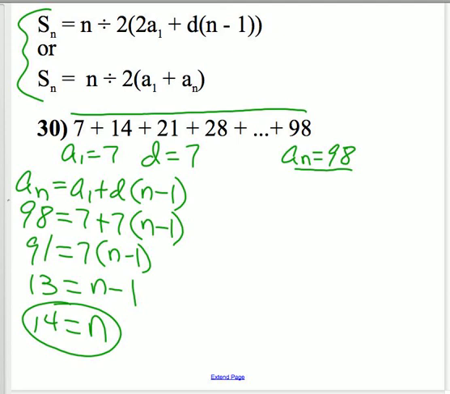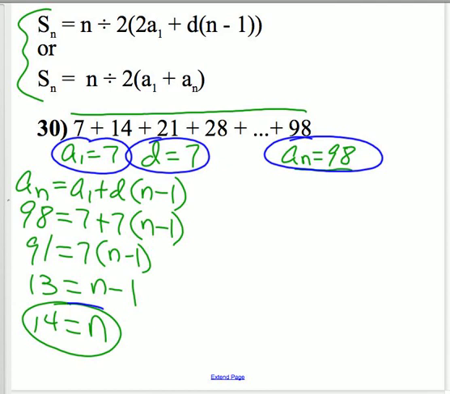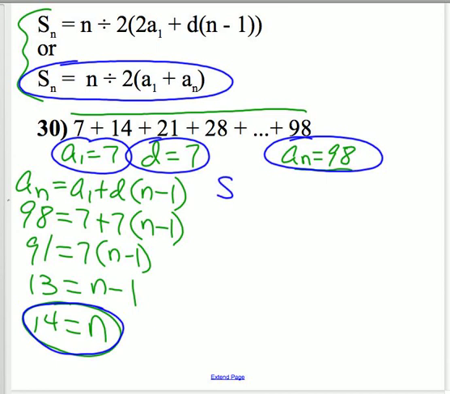Because now if I take a look, what I was able to figure out originally just from the series itself and the fact that I now know n, I could use either equation. Now, no special reason other than it's a little bit shorter, I'm going to use the second equation. I'm going to find the sum of the first 14 terms.